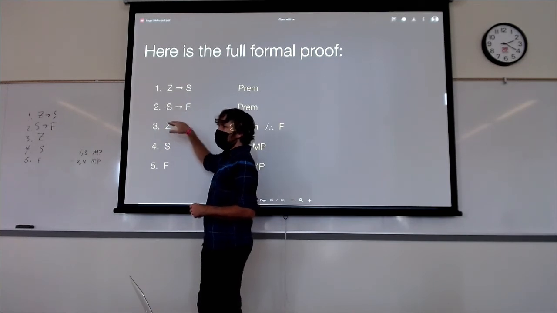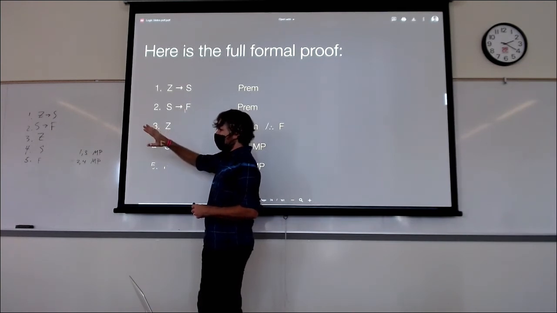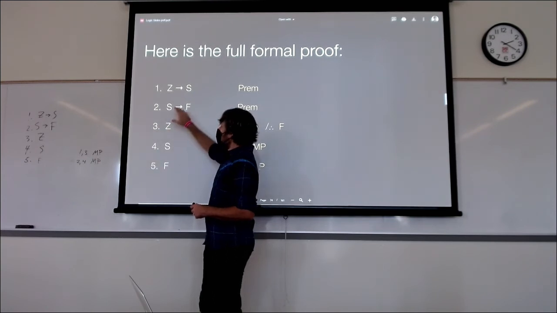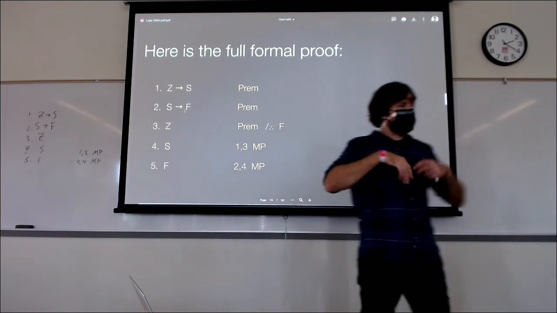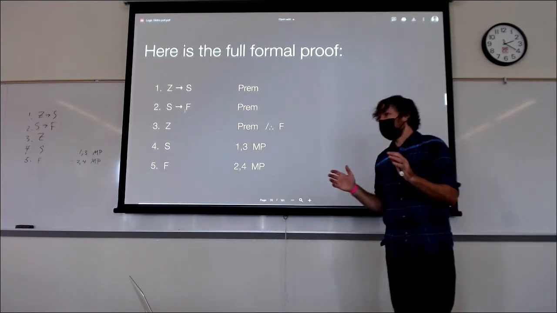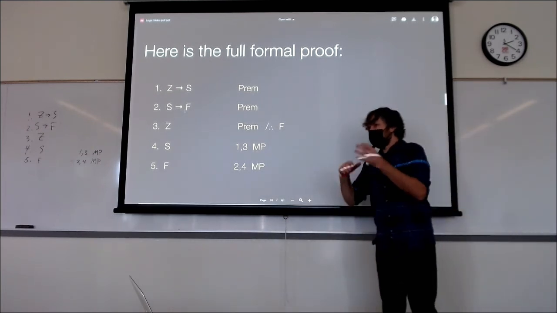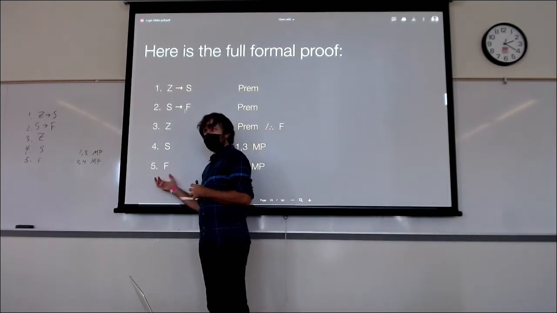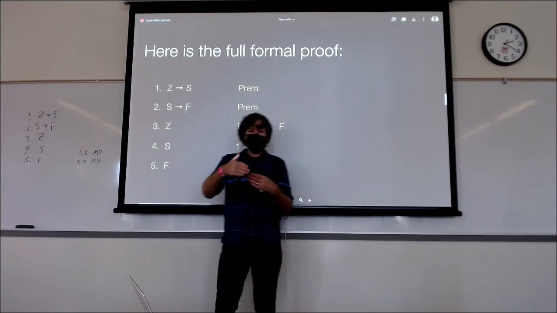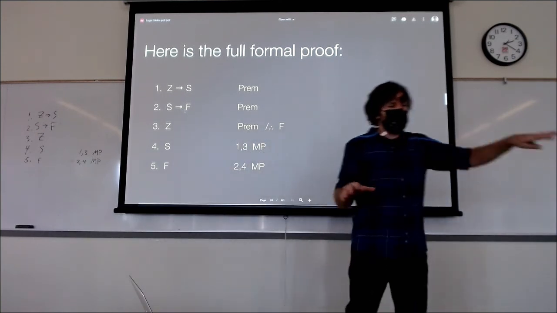Okay? Now there are exceptions later on which we'll learn. Sometimes previous lines can't be used again. But when you first learn how to prove, you can reuse, and the more lines you generate, the more you have to work with, which is super handy. You're generating new things, but you can use all the old stuff too.